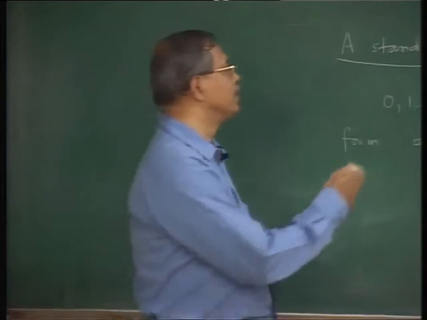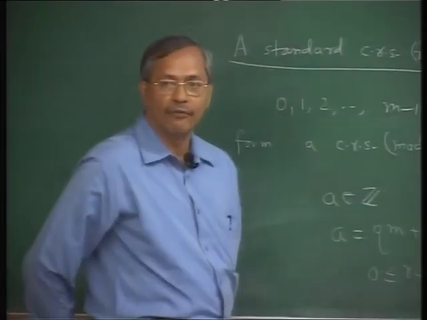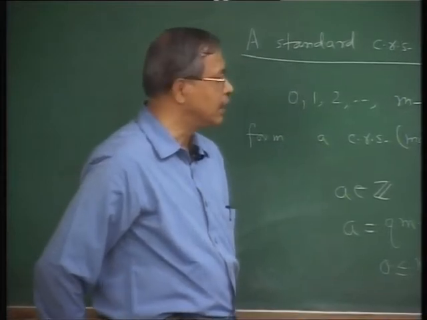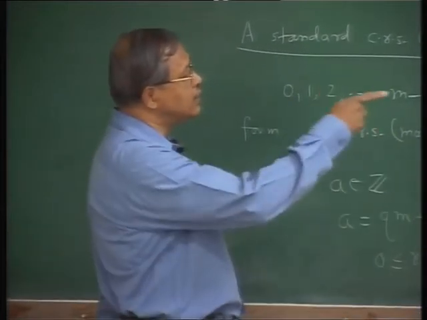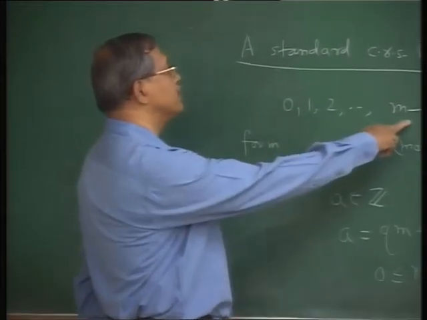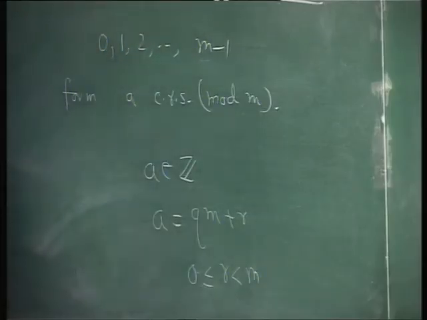That means the two numbers from this set must be equal. That is, each integer is congruent to one and only one of the numbers 0 to M minus 1. So, this is a standard complete residue system mod M.